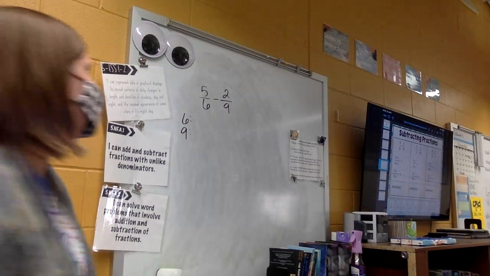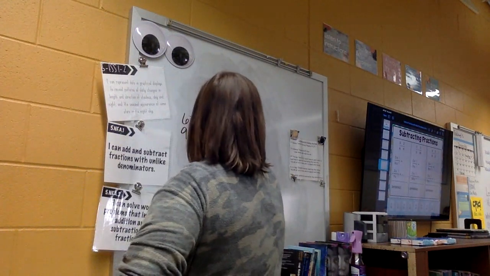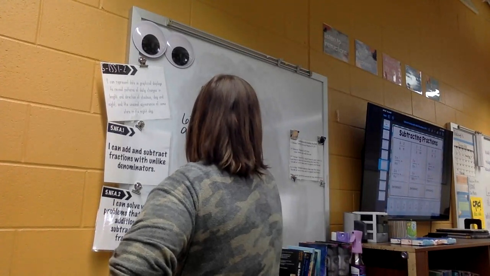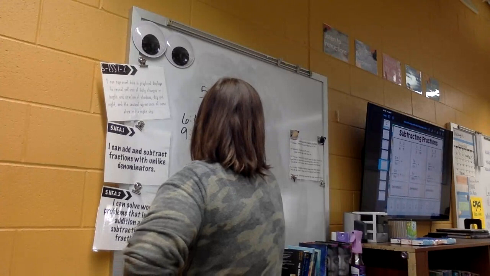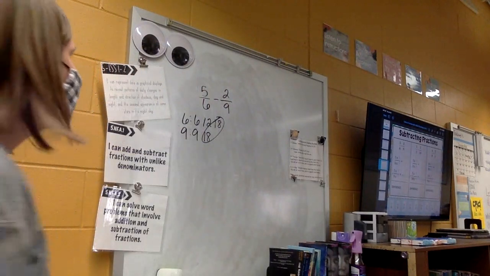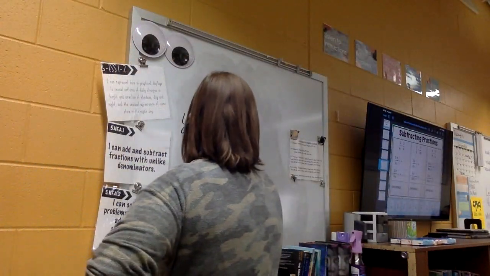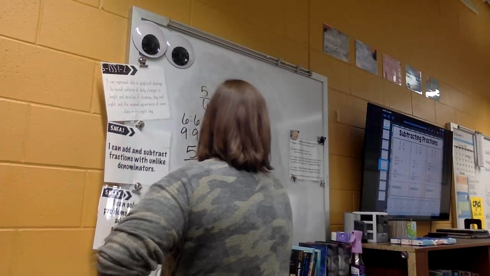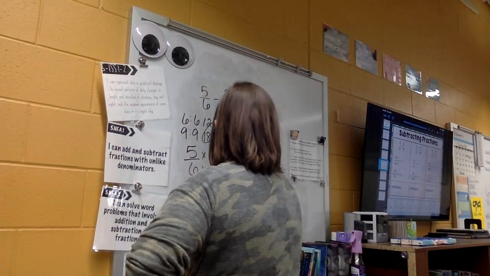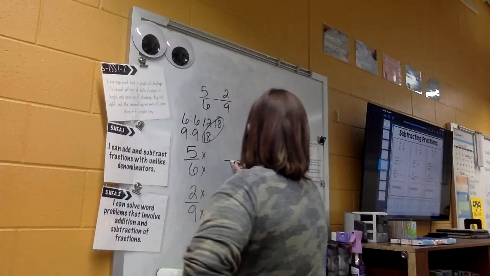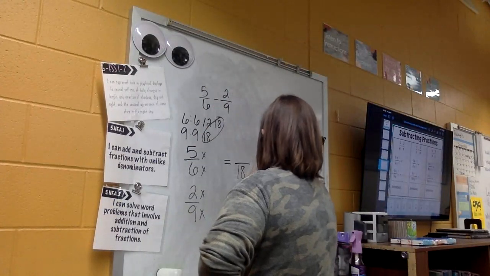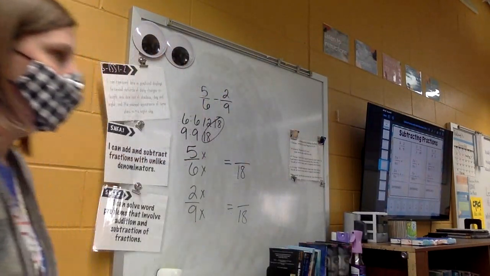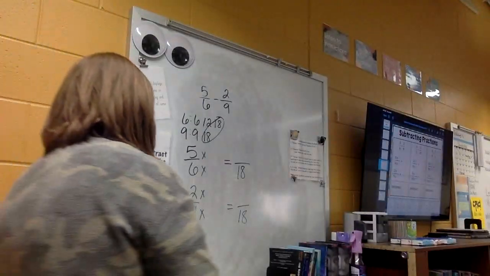Will, what is it? 18. Because if I do 6, 12, 18, 9, 18. Okay? So 18 is my common denominator.